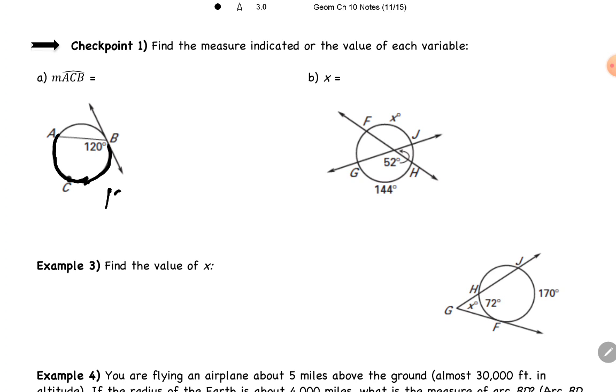So the angle, 120, is equal to half the arc. So we're going to double it and make it 240.